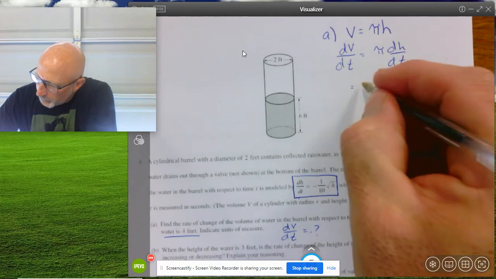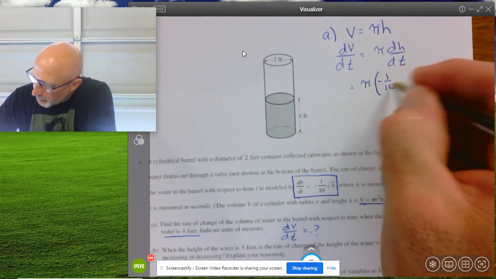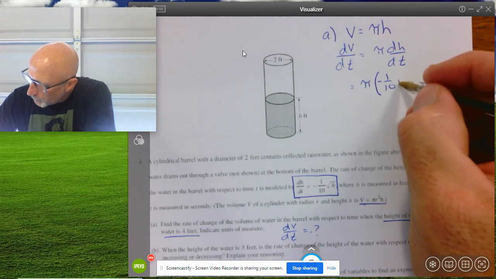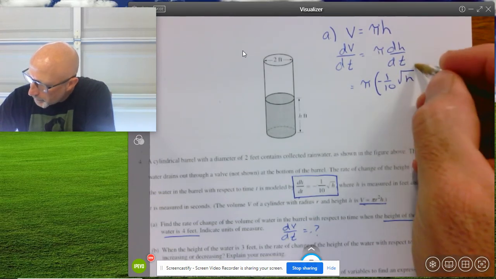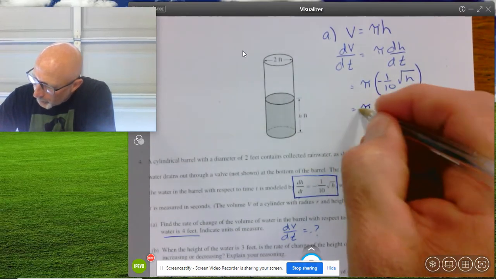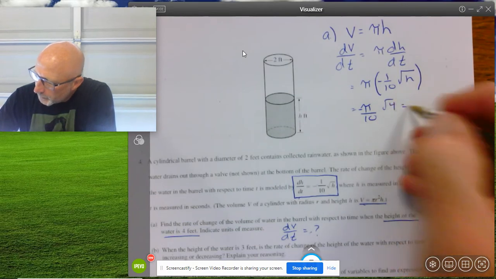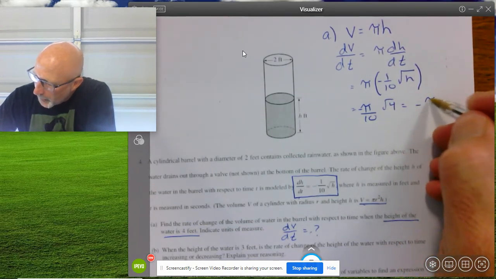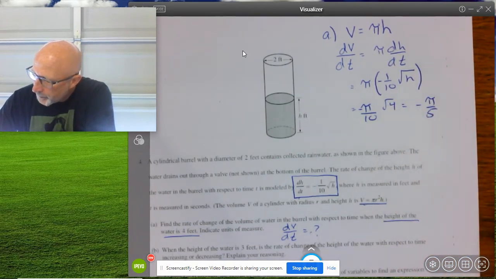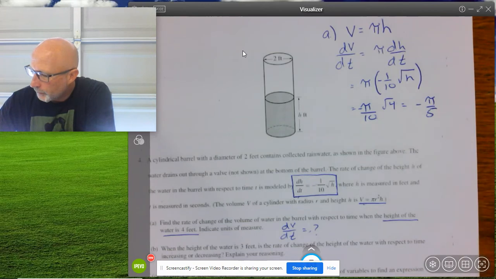So this turns into pi times negative 1/10 times the square root of h. We plug in 4, so this is negative pi over 10 times the square root of 4. So this is equal to negative pi all over 5. 2 goes into 10 5 times, so therefore there's a 5.